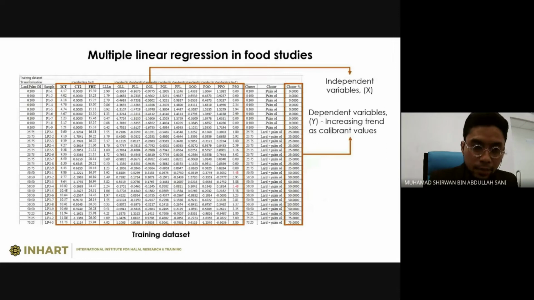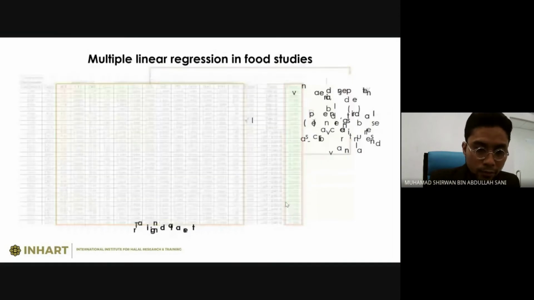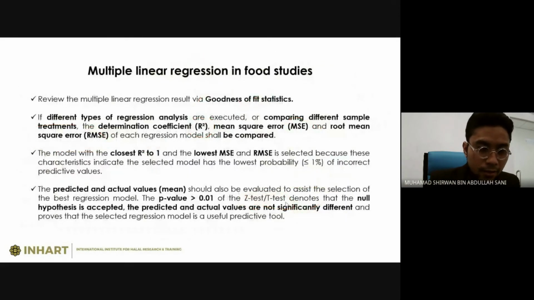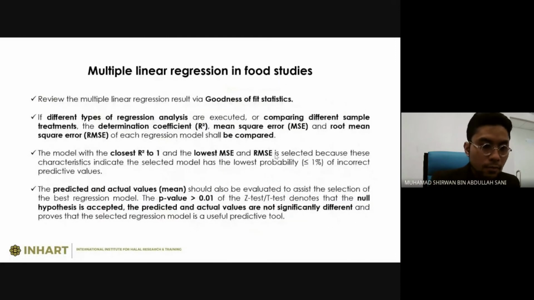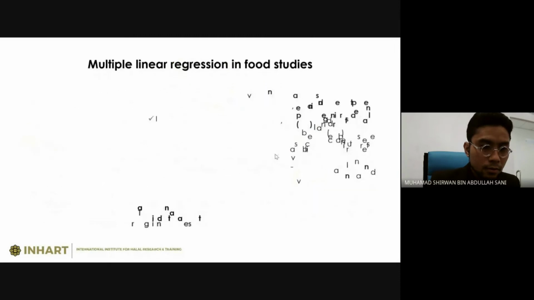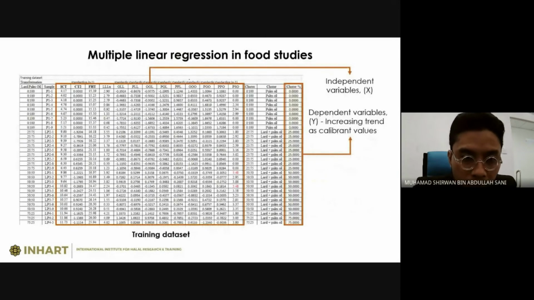Okay, this is an example yang I cakap tadi. We go back to this nota, ayat dekat sini. The sentence says here, it should be quantitative value of dependent variable, which means this one.